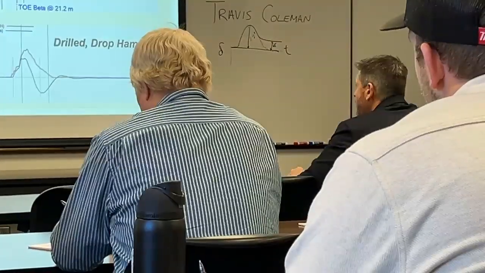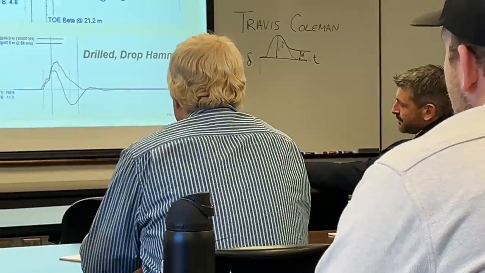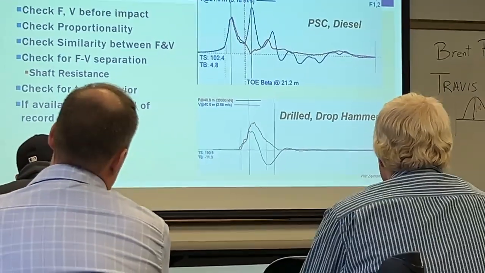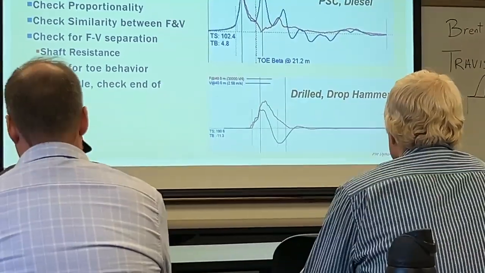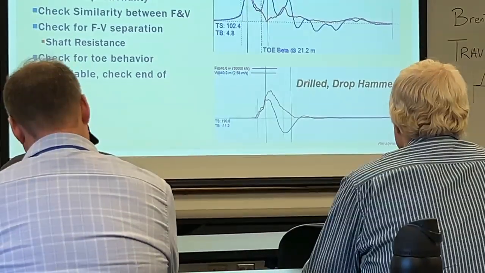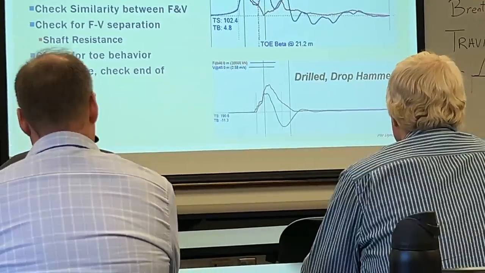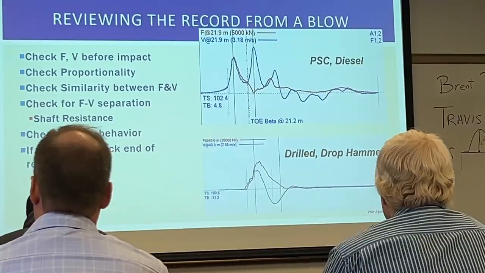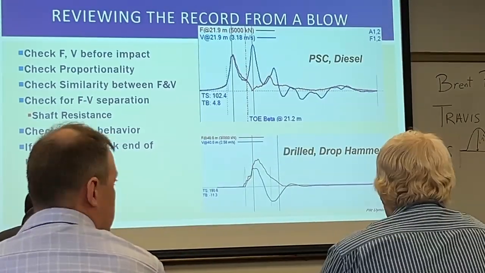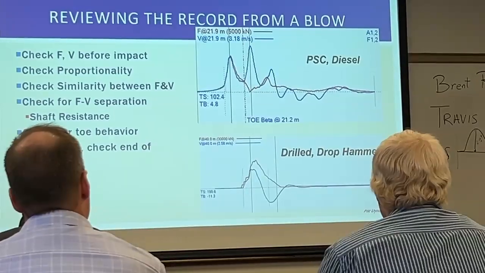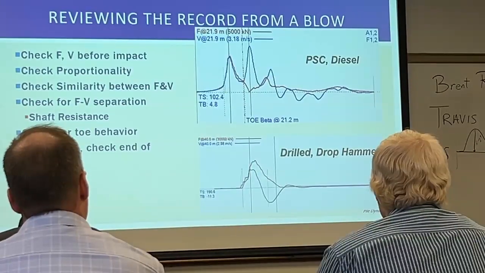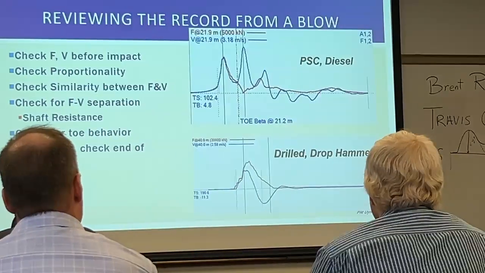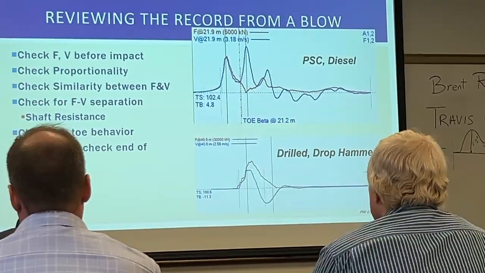And so if you're on something like rock, well, there may not be a lot you can do about that. But if you think you're in a silty soil, then that often means that it's dilating. When it's trying to shear, it's dilating, and pore pressures are becoming very, very negative. So it looks like there's a lot of resistance there, but if you wait, then you can get through a point where you can start to drive it again. Florida DOT has been doing a lot of work on this.